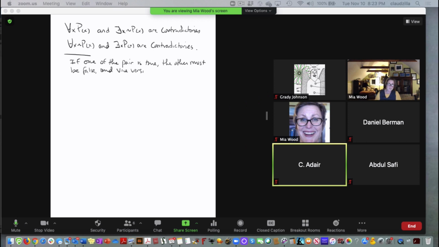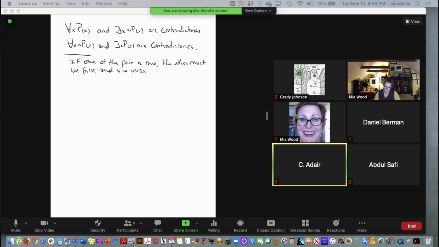Now, of course, we haven't talked about how we know that a quantified statement is true or false. We can't compute or calculate it the way that we work a truth table, but we'll get there. But we at least know that these are contradictories, okay?